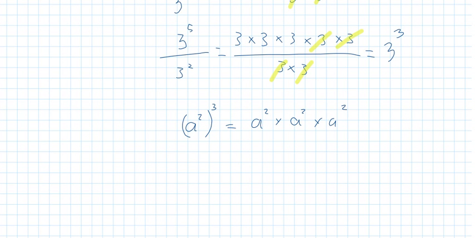Now, we learned earlier, if I'm multiplying with the same base, what can I do to my exponent? I can add them. We learned that with the product rule. So basically, I can take my base, and I can add 2 plus 2 plus 2. What's 2 plus 2 plus 2? 6.